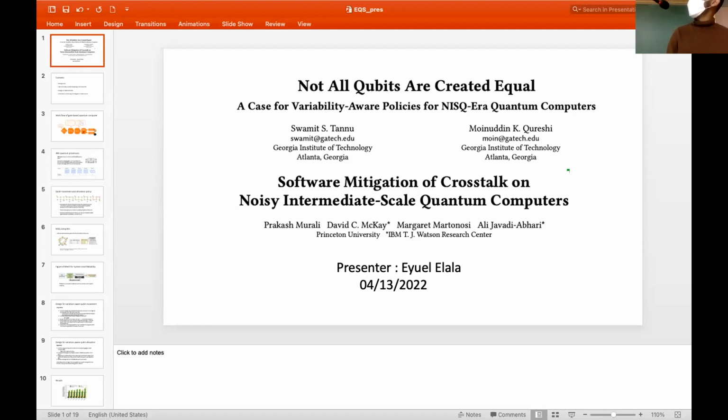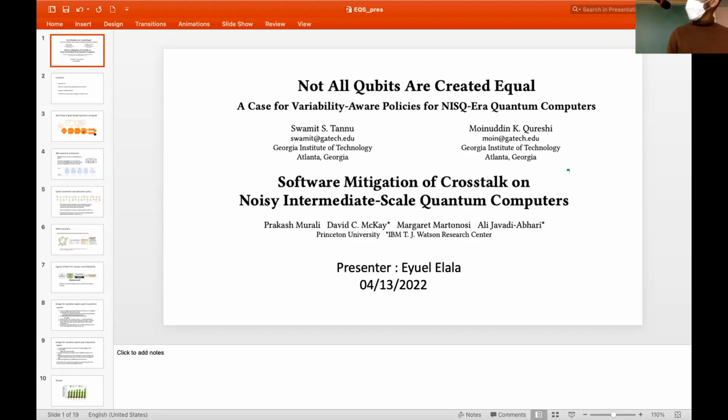So today, I will most importantly focus on these two papers: Not all qubits are created equal, and software mitigation of crosstalks and mixed computers. In the previous presentation, we have seen several discussions about theoretical aspects of quantum computing, several algorithms like Grover's algorithm, the quantum Fourier transform, and SVM.